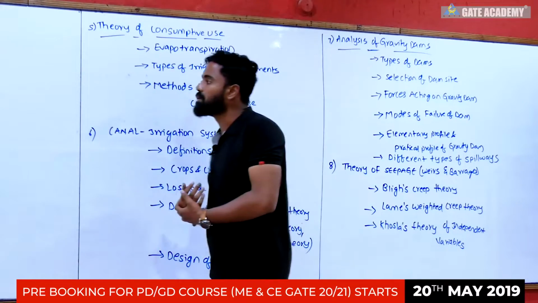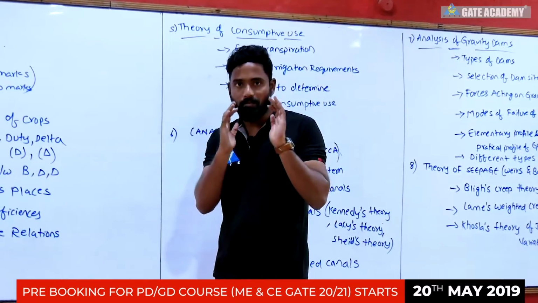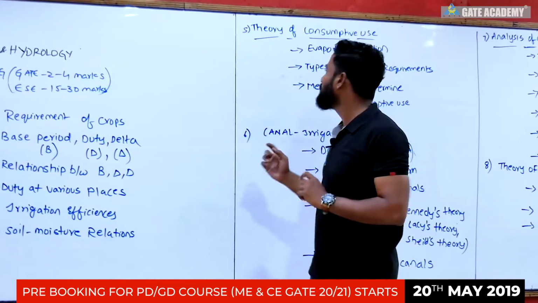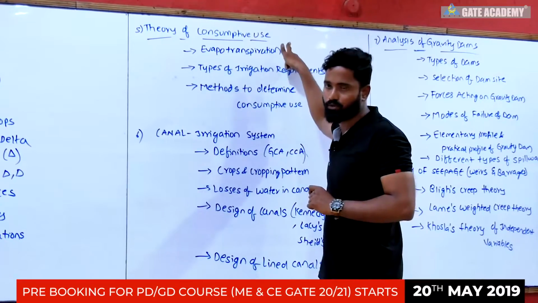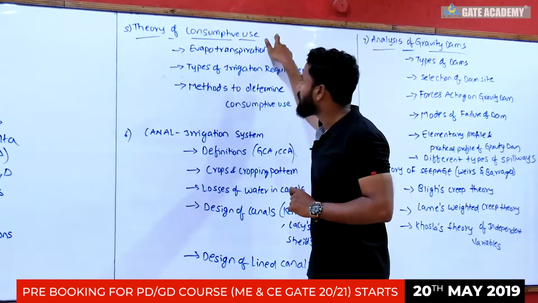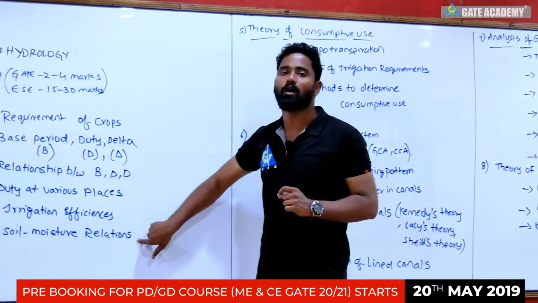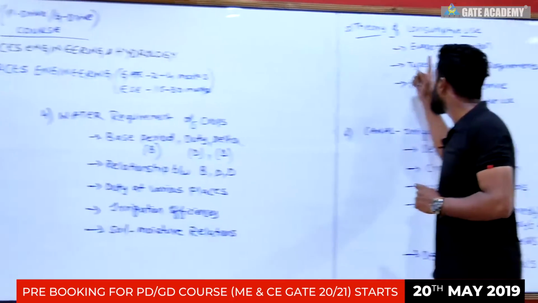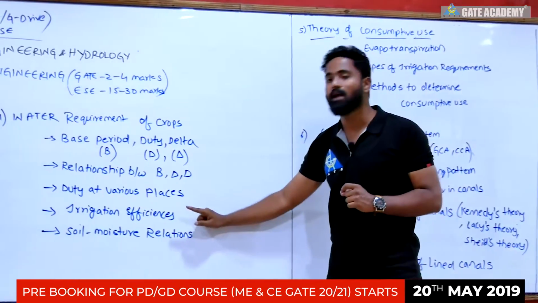But sometimes if he wants to make the paper tough, in the sense that it just becomes lengthy, then he'll ask you a question from the consumptive use irrigation point of view. He'll just interlink consumptive use with irrigation efficiencies, and finally you have to calculate the depth of the water that is required. So both these things will be interlinked and questions will be asked.